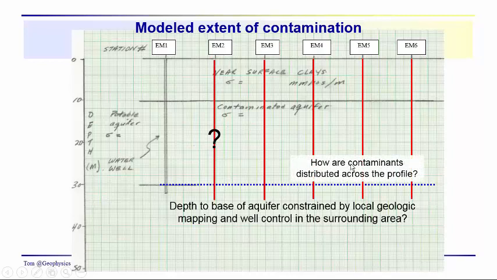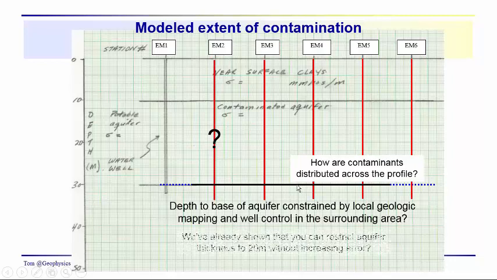How are the contaminants distributed across the profile? That's the main question that we have. And the question that we've already addressed really is, can we keep the base of the aquifer at about 30 meters? And we've already shown that you can restrict aquifer thickness to 20 meters without increasing error.